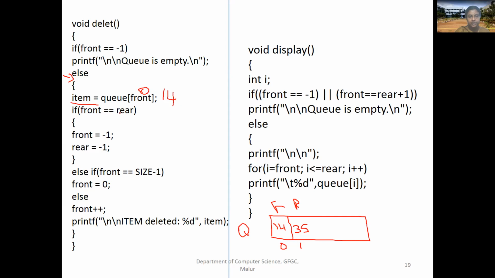Next we will say whether front is equal to rear. Front value is 0, rear value is 1. So both are not equal. So this if also won't work, it will come to the else part. Whether front value 0 equals to what is size, 5 minus 1, 4. Whether 0 is equal to 4, here also fails. So it will come to this part, front plus plus.